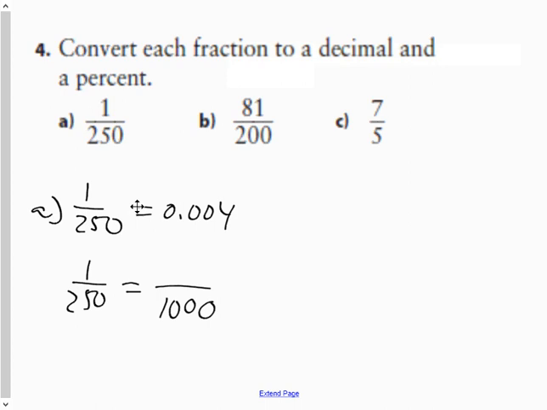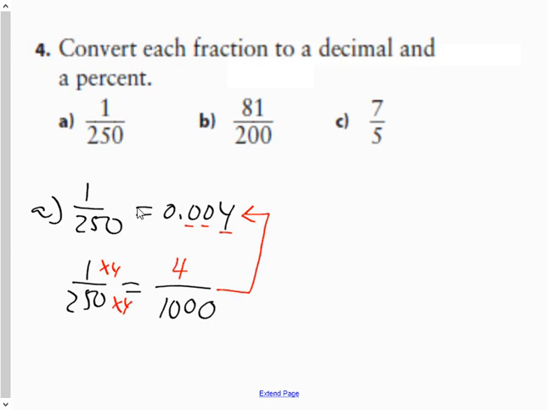Here I'm going to use the denominator of 1,000 and make an equivalent fraction, because I know that 250 times 4 is 1,000, so 4 over 1,000. I read it as 4 thousandths, because it's tenths, hundredths, thousandths. So that's two ways you can convert that to a decimal.